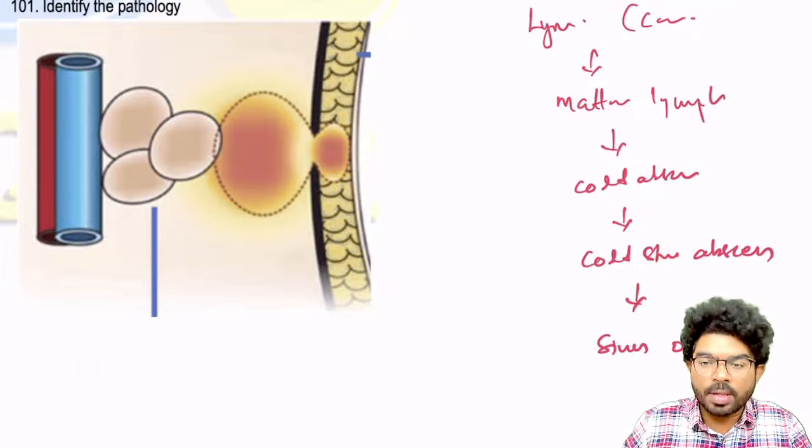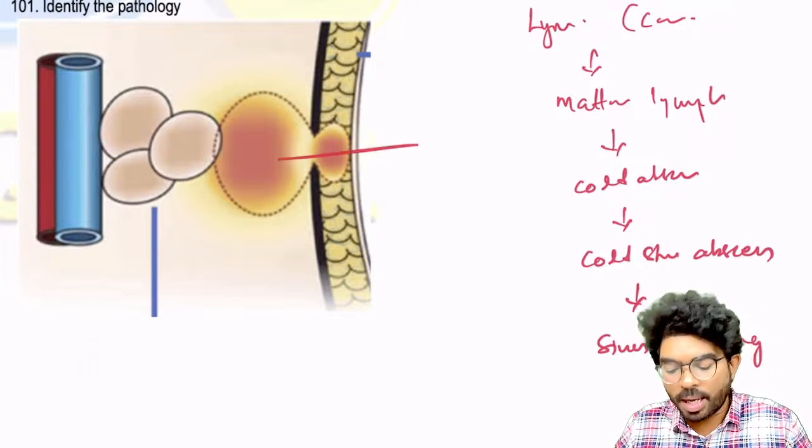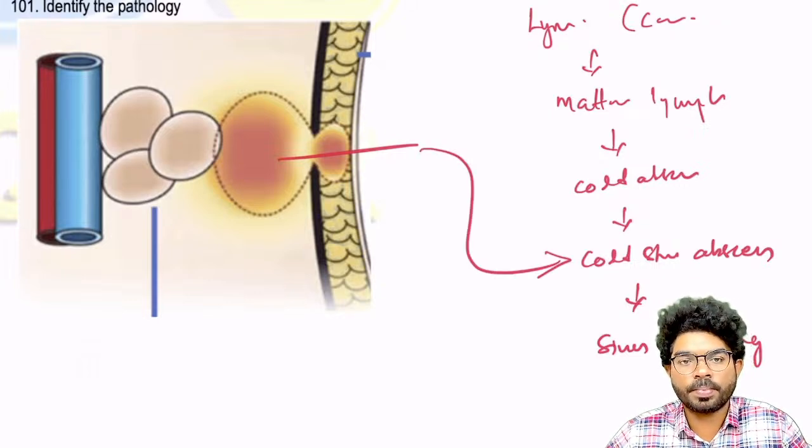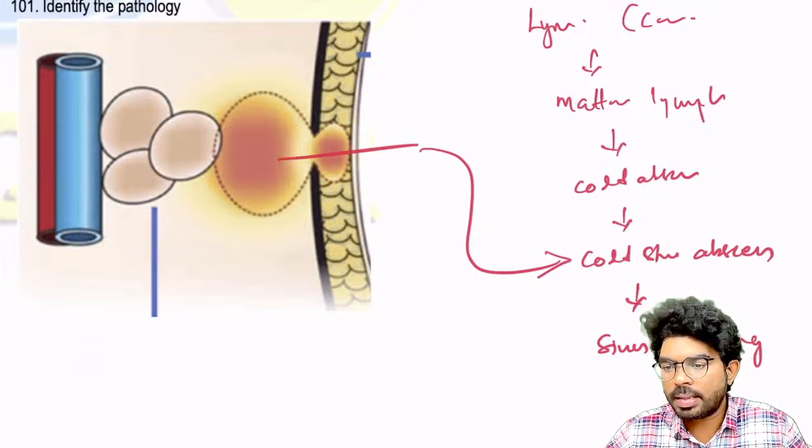This breaking down is called the collar-stud abscess stage.